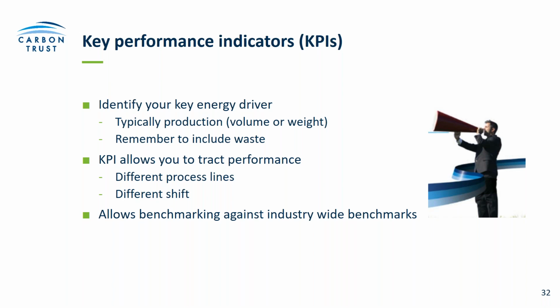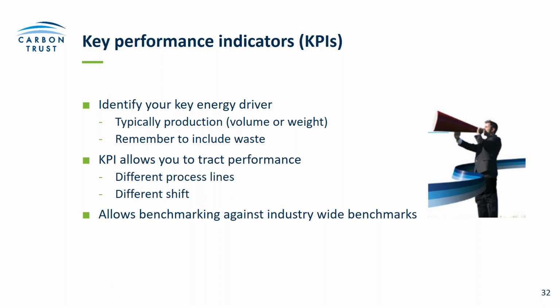Now that can be if you've got a number of production lines, so you begin to look at what the key performance indicator is for each line. If it's significantly different, then you need to understand why that is. Is that in terms of how the particular shifts are setting up the equipment? Maybe it's how the staff are running it.